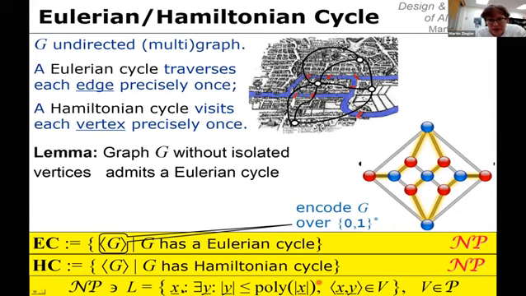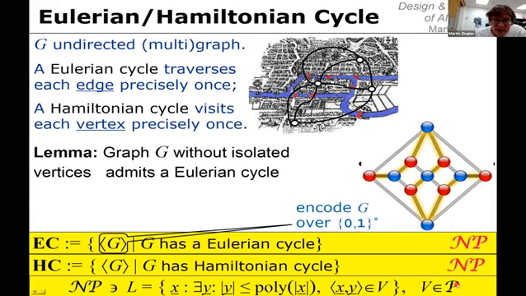The problem has this form if it consists of all finite binary strings X for which there exists a finite binary string Y. We call this Y the witness. The witness must have length at most polynomial in the length of X. And the property of being a witness, or put differently, given a pair X, the input, and Y, the candidate witness, whether it is a witness or not, must be decidable in polynomial time.